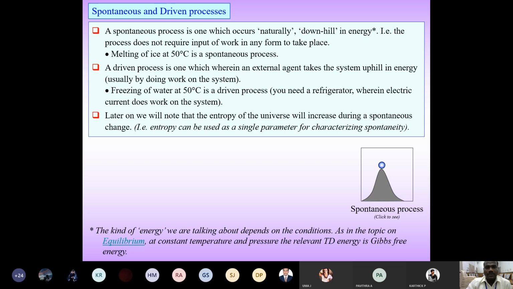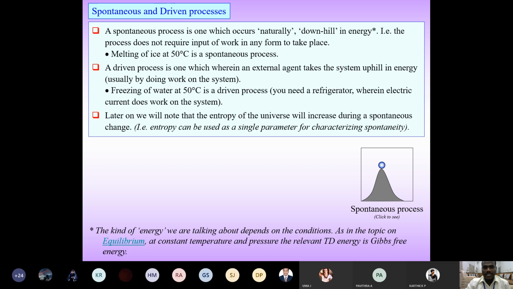Later on, we will note the entropy. The next important term in thermodynamics is entropy. We will discuss it in detail in the next class. Later on, we will note that the entropy of the universe will increase during spontaneous change. So during spontaneous change only, there will be a change in entropy.